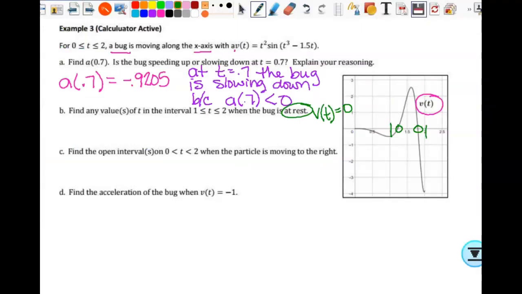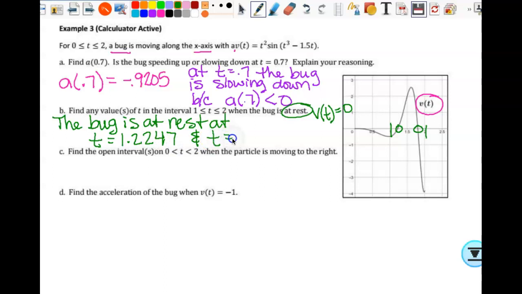So we can go back over here, and it says find any values. So okay, I can say the bug is at rest at t equals 1.2247 and t equals 1.8012.